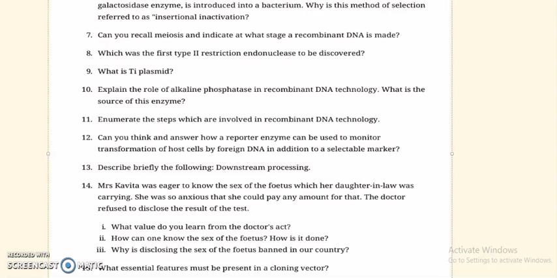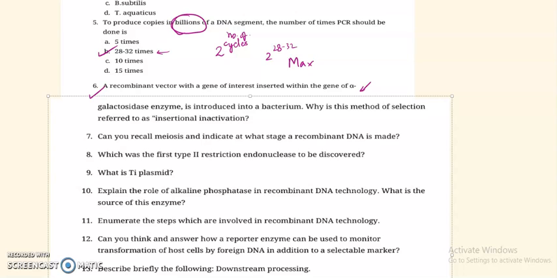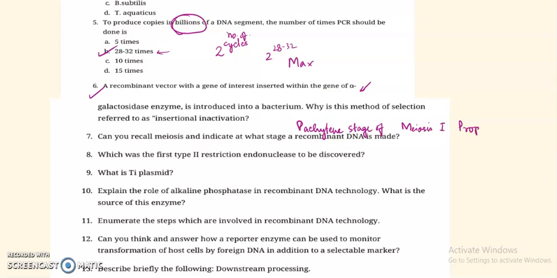Next question is: can you recall meiosis and indicate at what stage recombinant DNA is being made? If you recollect, recombinant DNA was being made during the Pachytene stage of meiosis 1, prophase 1.